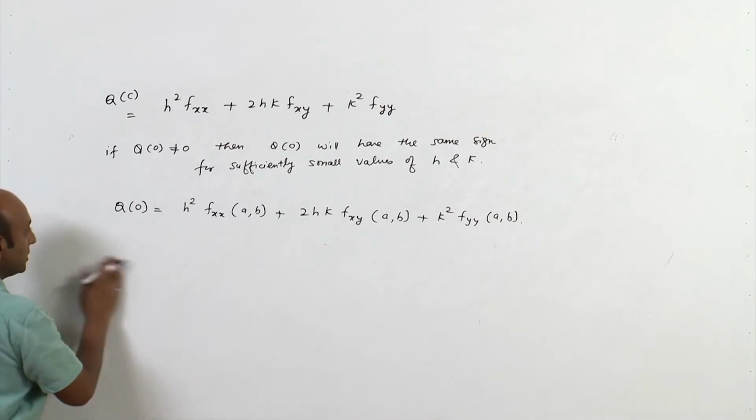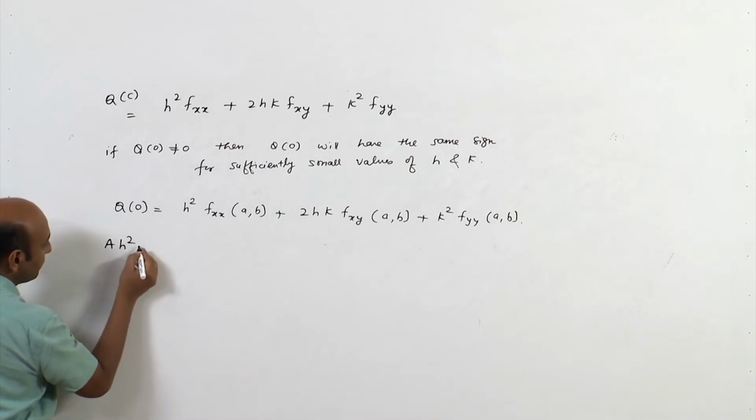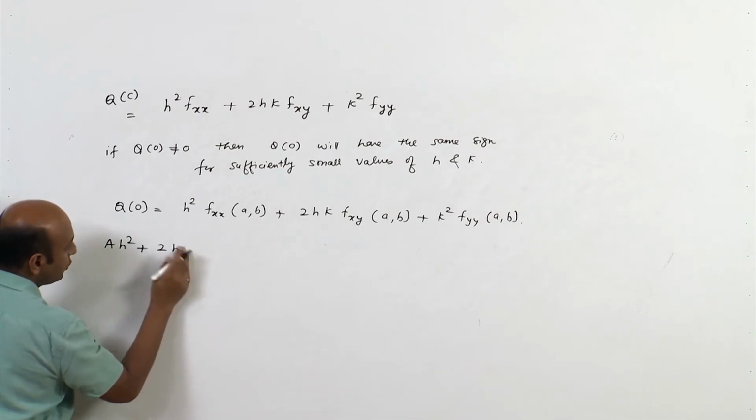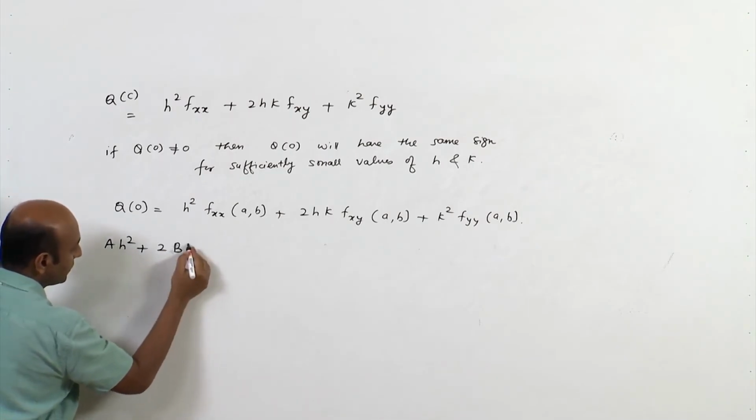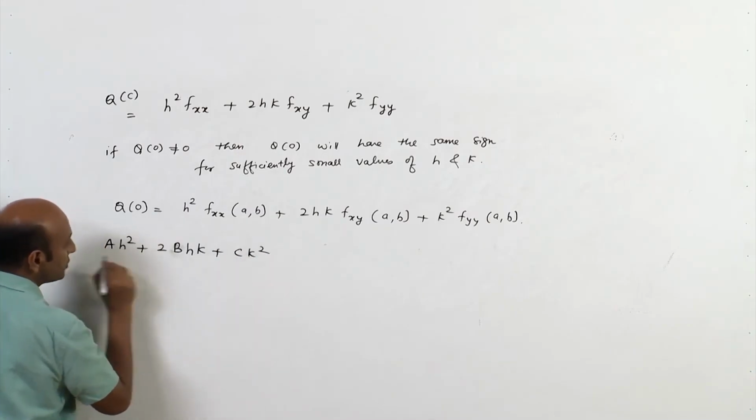Let us see. Let us suppose this is A h² plus 2B hk plus C k².